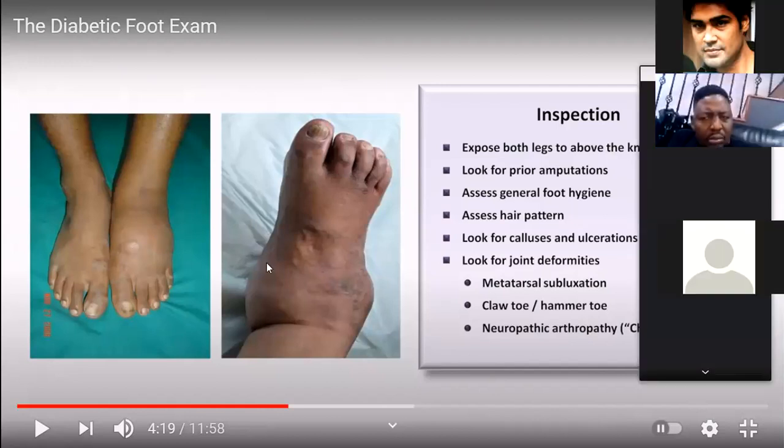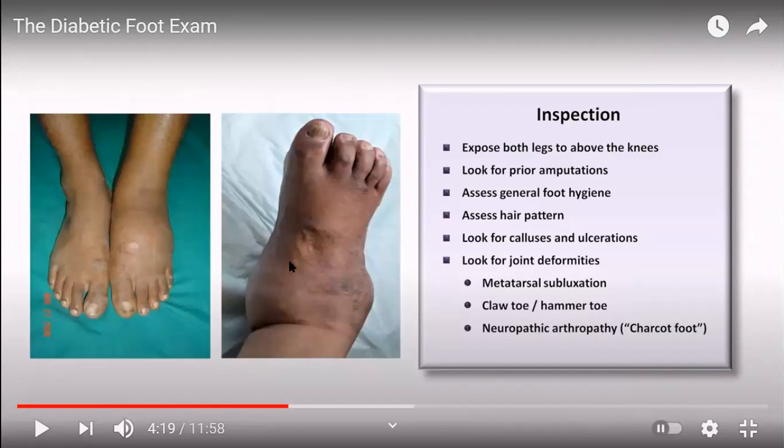And here we can see it is deformed, right? And maybe a lot of fluid is accumulated there. So as I said, when we check, we should check everything.